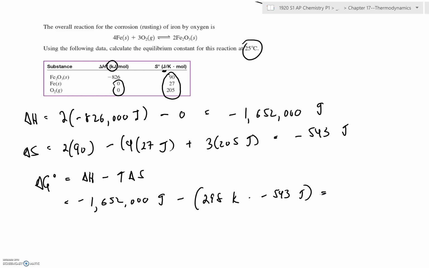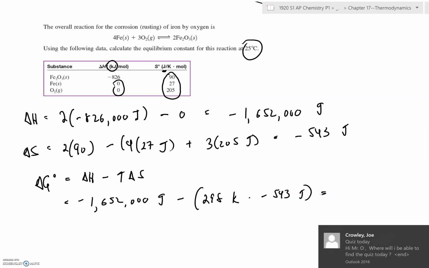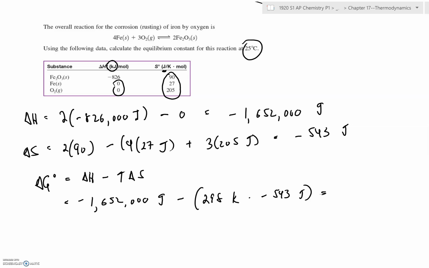So here we go. We're going to take negative 1,652,000. We're going to subtract from that the quantity, 298 times negative 543. And we get negative 1,490,186 joules. This is our delta G under standard conditions.